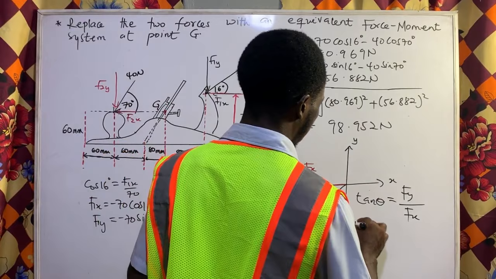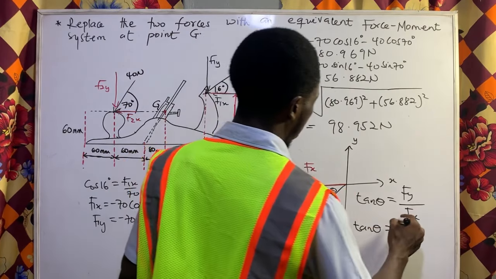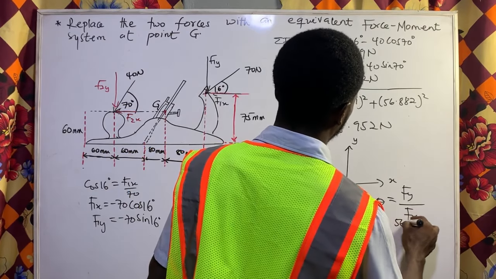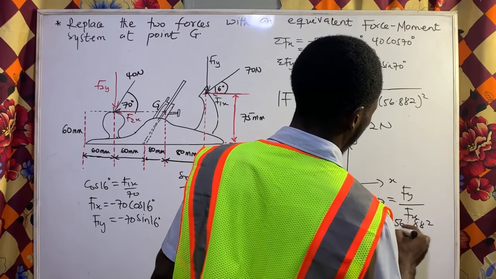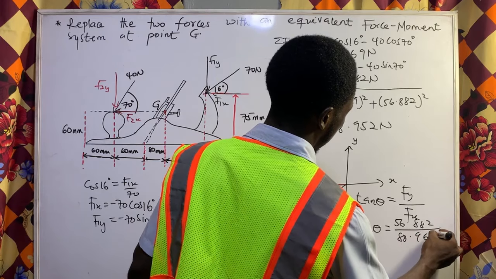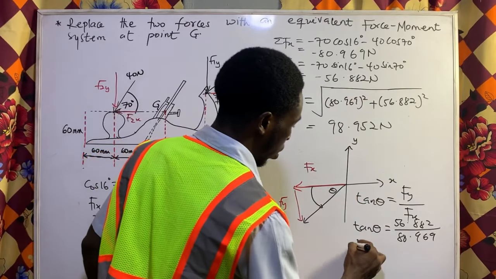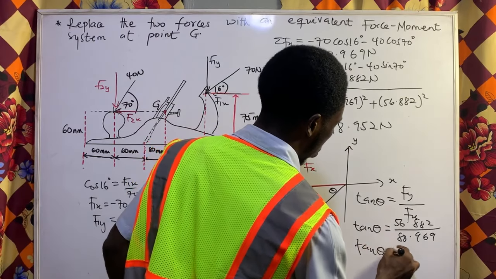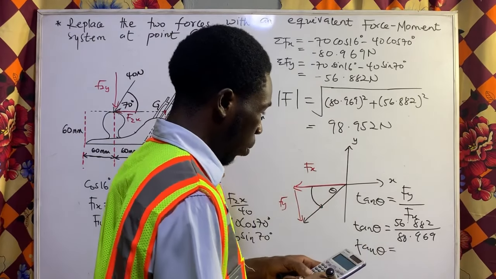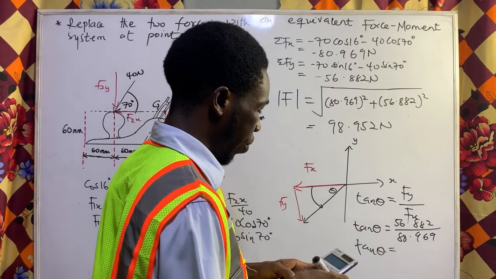So we're going to have tan theta equal to 56.882 divided by 80.969.